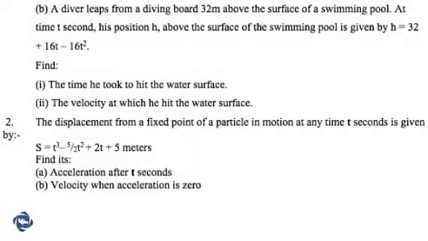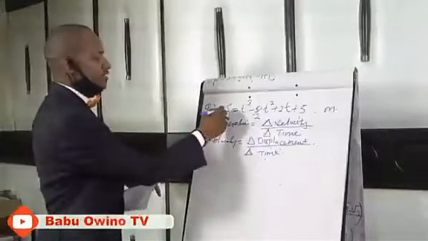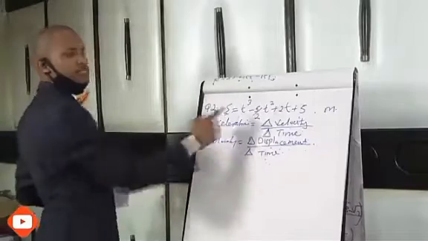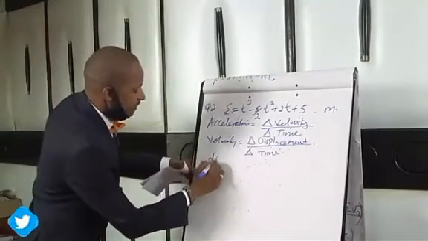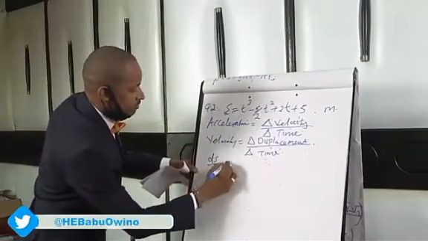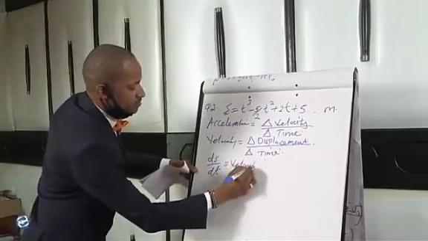Therefore, for us to get acceleration, we have to get velocity first. To get velocity when we are given displacement s, we differentiate s with respect to t. Therefore, we will have ds/dt, which will give us the velocity.